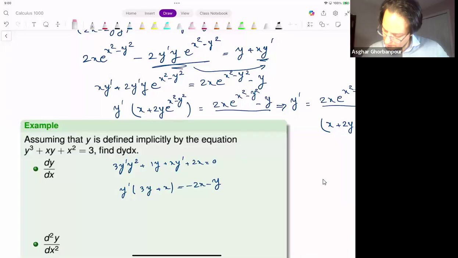Sorry, this is squared, yes. And then y prime. The y prime is minus 2x minus y over 3y squared plus x.